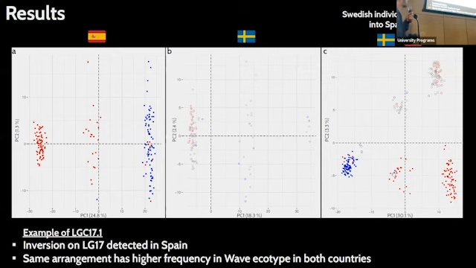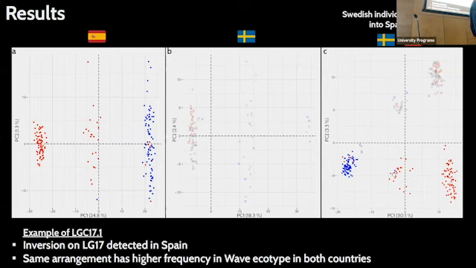Then we wanted to look at those two systems together to know if the same arrangements were present in higher frequency in the same ecotype, which would indicate some sort of parallelism between the systems. To do that, we projected the Swedish individuals into the Spanish space on the PCA.